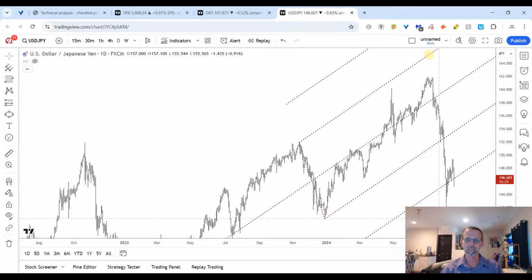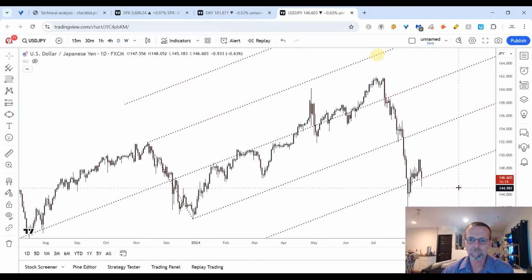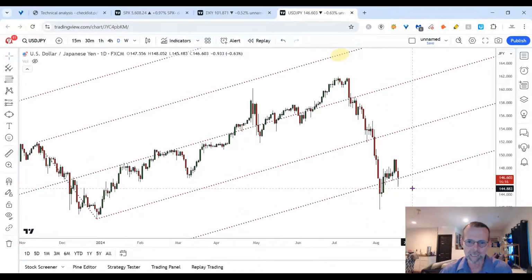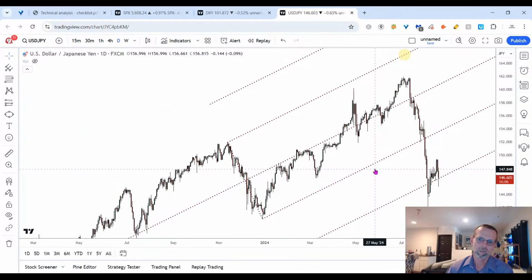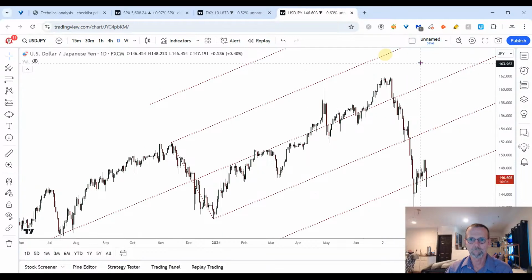In this case, this is the lower median line extension. And we can see price is finding support at that level. We got a brief poke below, and now that level appears to be providing support. So that doesn't really tell us much.